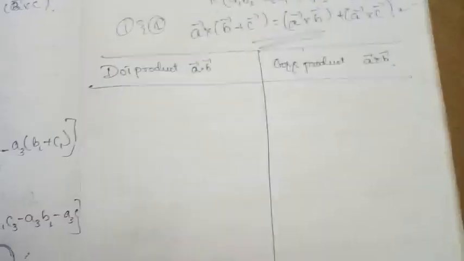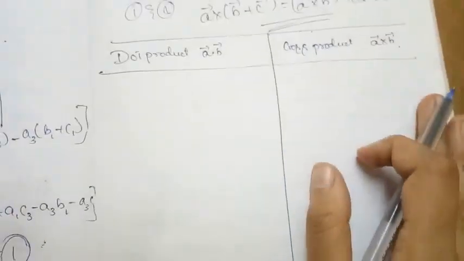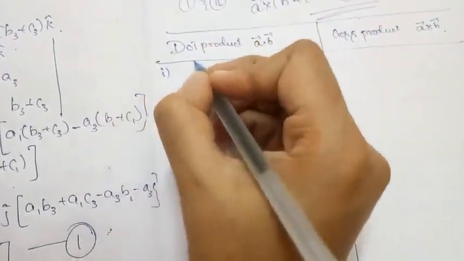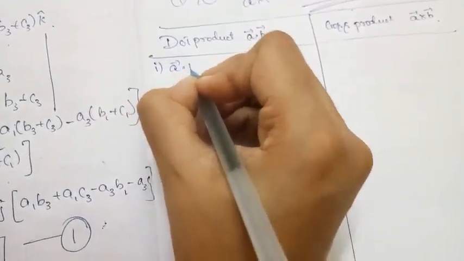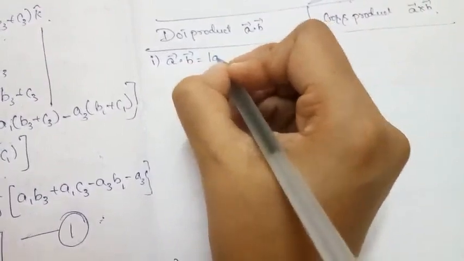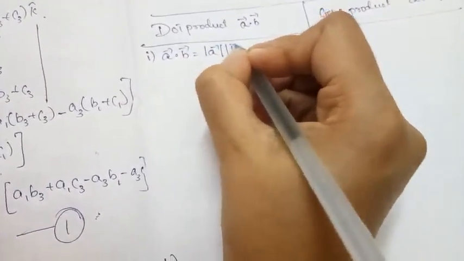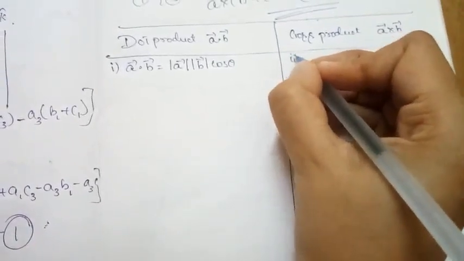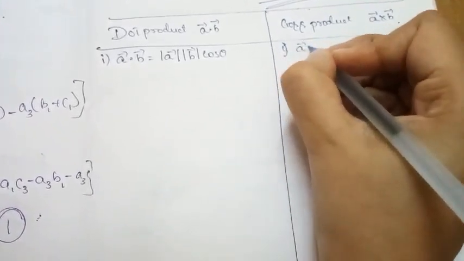Now let us move to the difference between the dot product and cross product of any two vectors. First, the definition itself: vector A dot vector B is the magnitude of vector A, magnitude of vector B, cos theta. What was our definition of cross product?